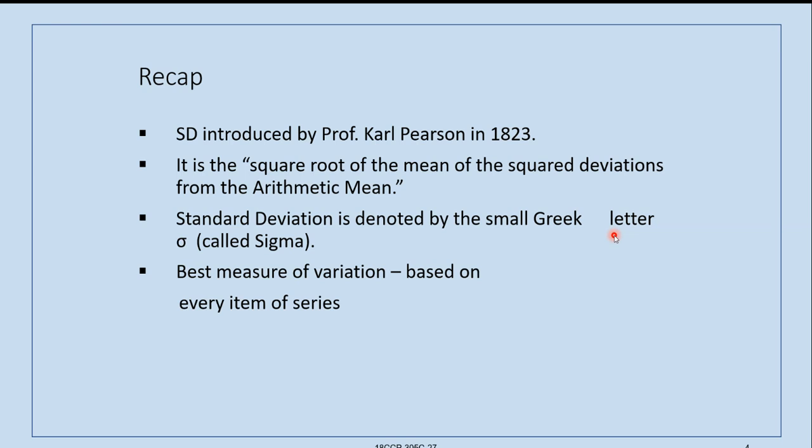Deviations are squared and taken square root from the arithmetic mean. And standard deviation is denoted by a Greek letter called sigma.